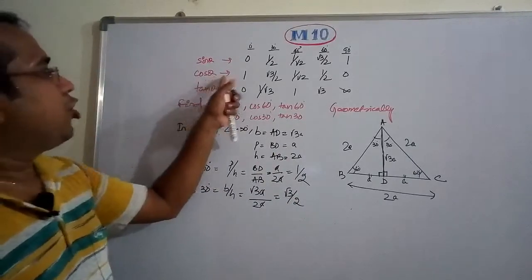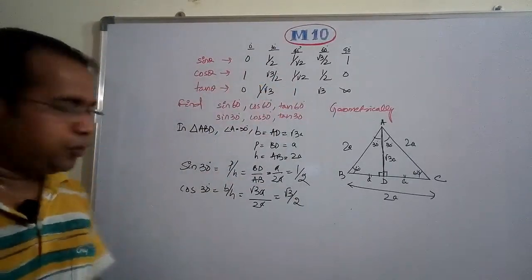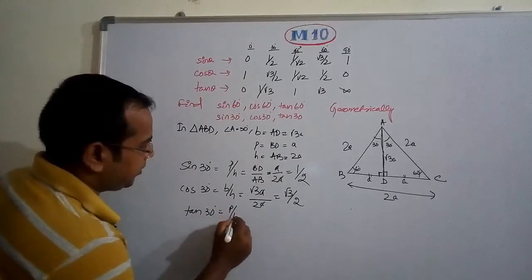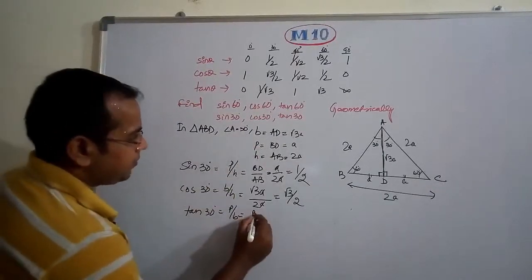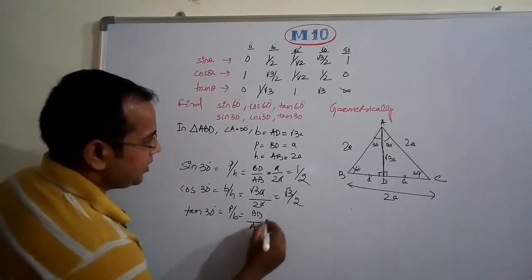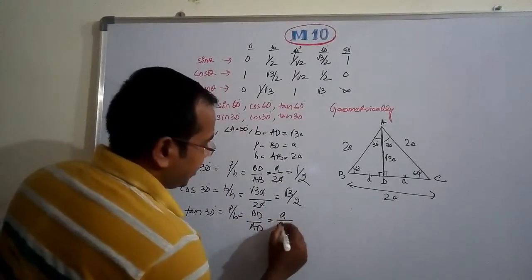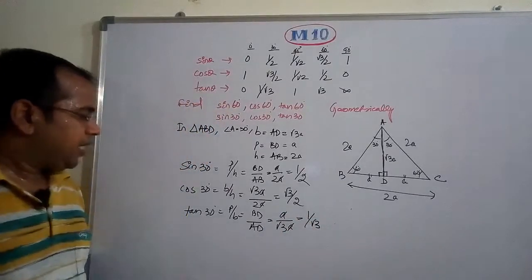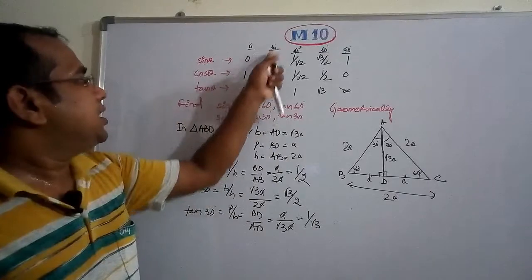Now see here, cos 30 equals root 3 by 2, it is proved. Tan 30 degrees, that is equal to P by B. P is BD, base is AD, we will get A divided by root 3A, we will get 1 by root 3. That means tan 30 equals 1 by root 3.